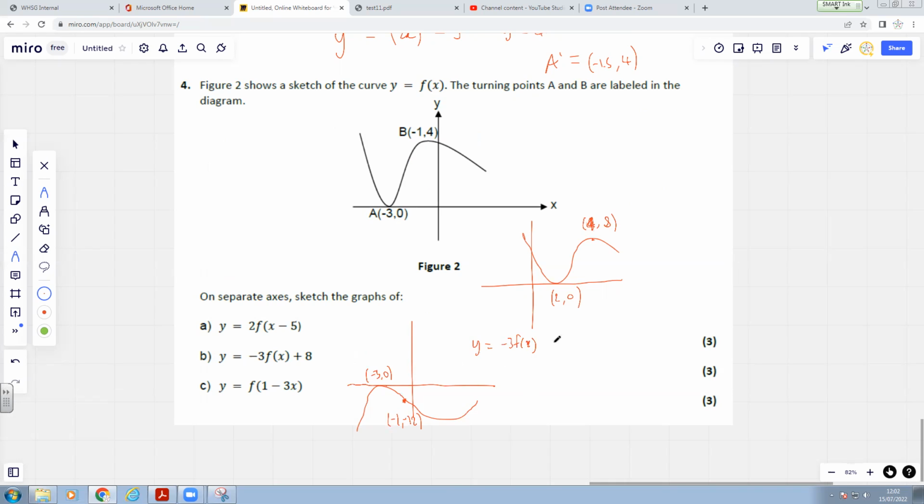But now we've just got to increase the y coordinates by 8. So that's going to be minus 4 in the end. And that's going to be actually up here at 8. It's going to move the whole thing up 8. So let's now move those up. Let me just draw a general shape.